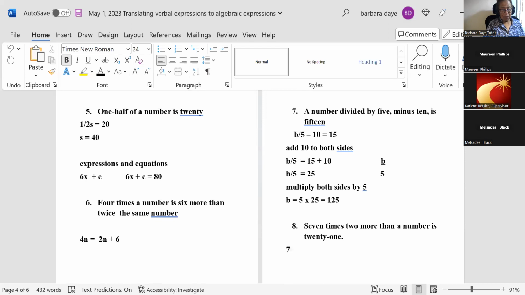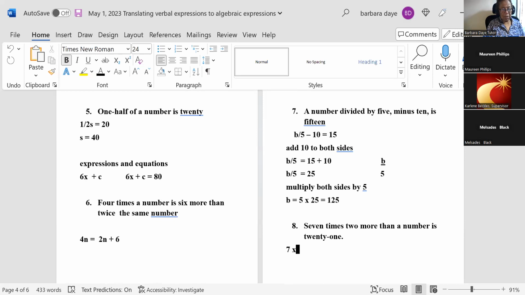2 more than. So what do you want me to write after the 7? 2 more than, that's 2n. No, what's the mathematical symbol you want me to write after the 7? The multiplication sign, the x. You want me to write the x? Okay, multiplying. 7 times.